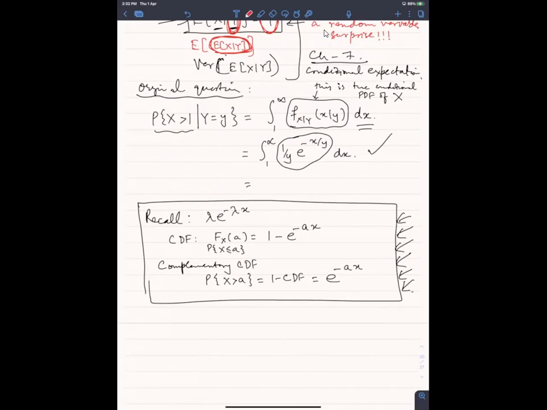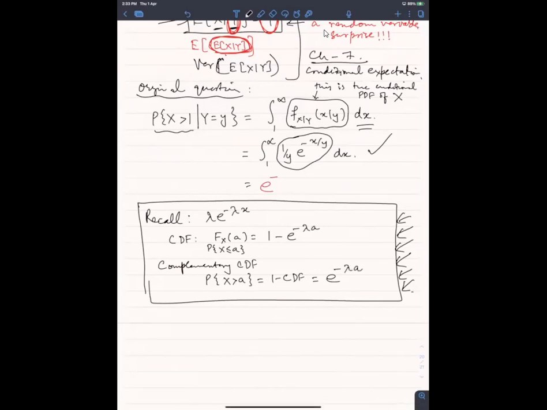Oops, x will not appear in this. Something is missing here. Where did the lambda go? Okay, e to the minus lambda a, and e to the minus lambda a.